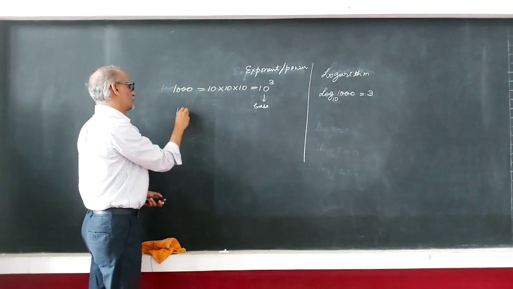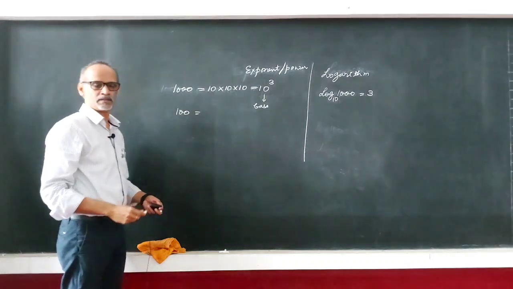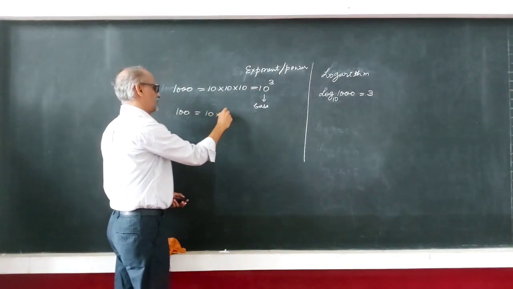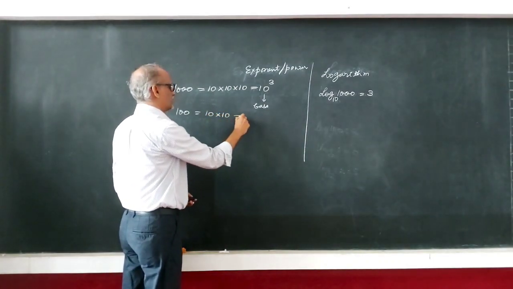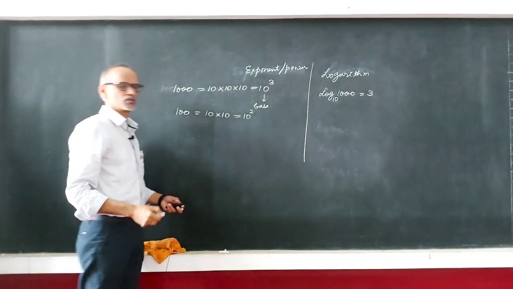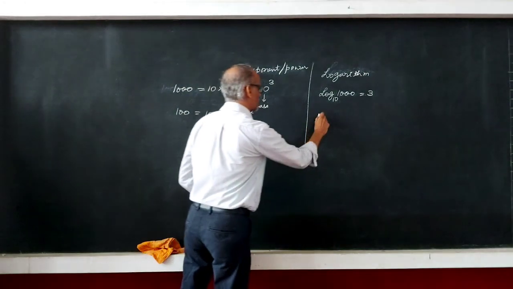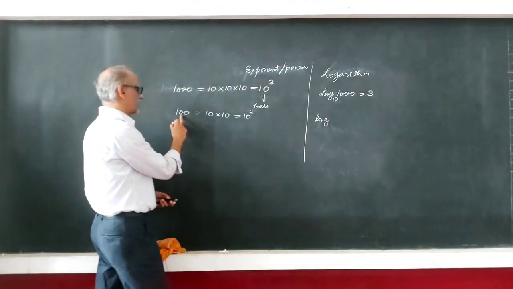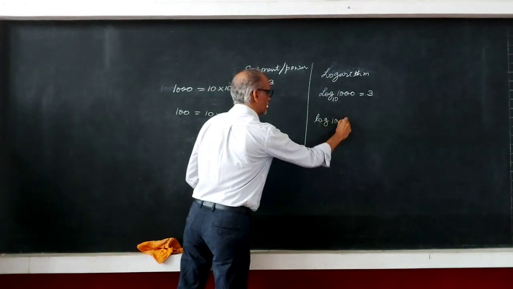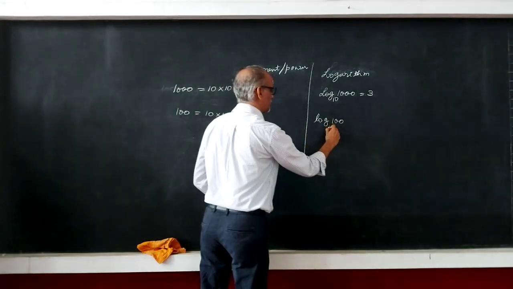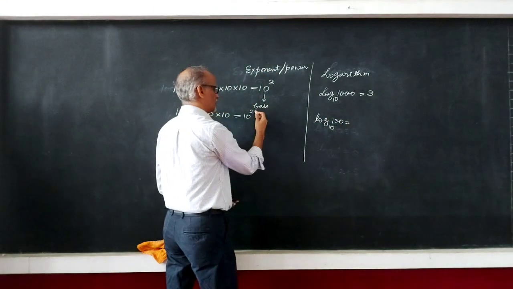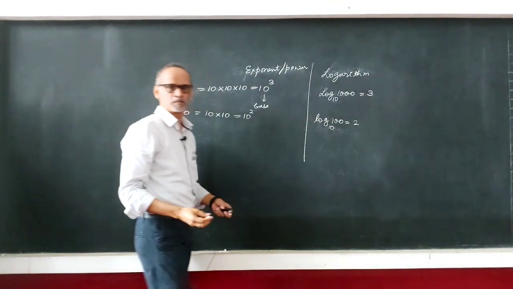So let me write one more number. It's 100, which we write as 10 into 10, which is 10 to the power 2. So how to write this in logarithmic format? Log of 100 to the base 10 is equal to the power, which is 2.